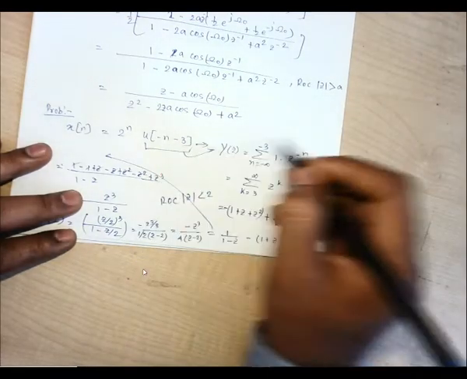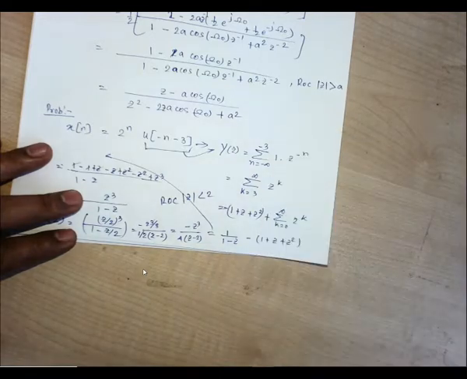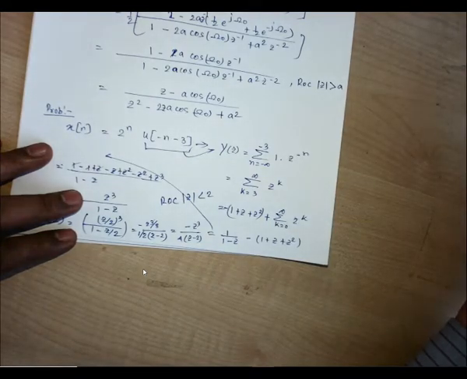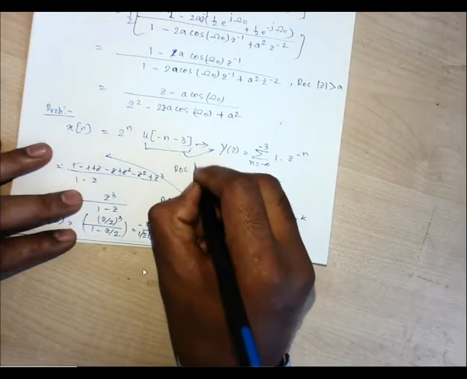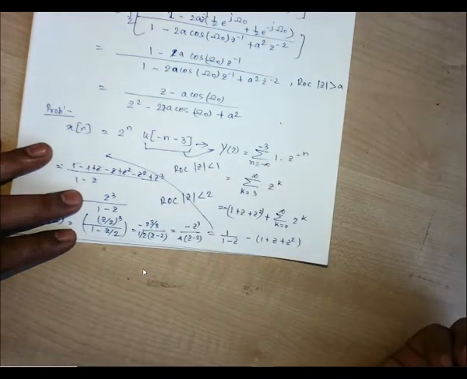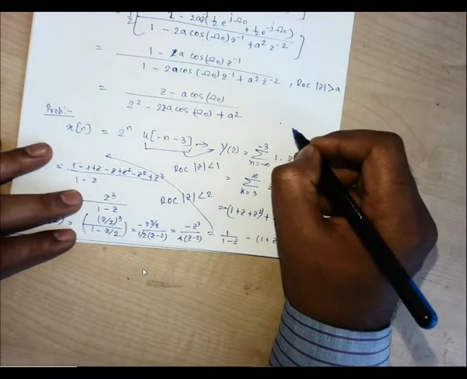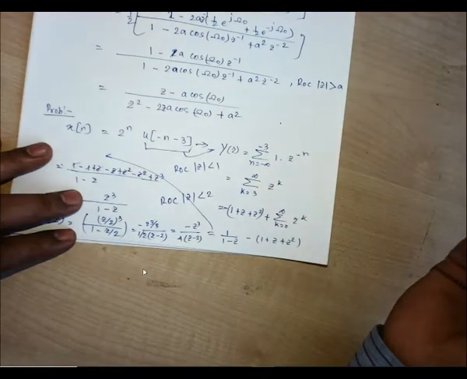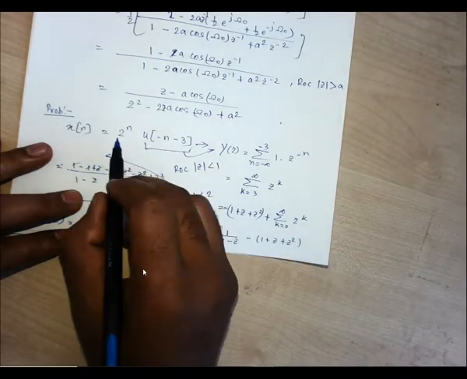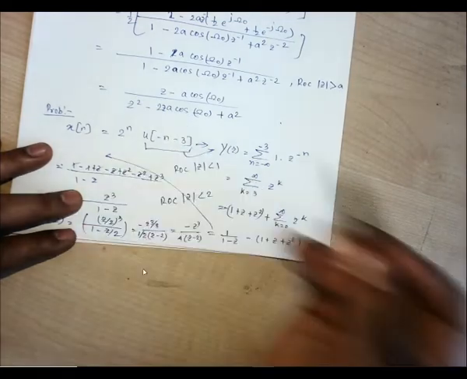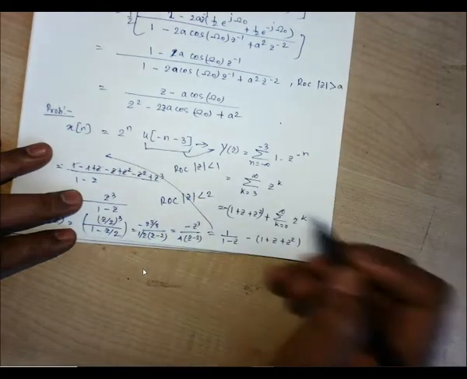If we go with the unit step function, if we find the z transform of a unit step u of n, the ROC becomes mod of z less than 1, because it is 1 by 1 minus z inverse, that is z by z minus 1. Now when we multiply with this a to the power n, that becomes z by a, that is z by 2.